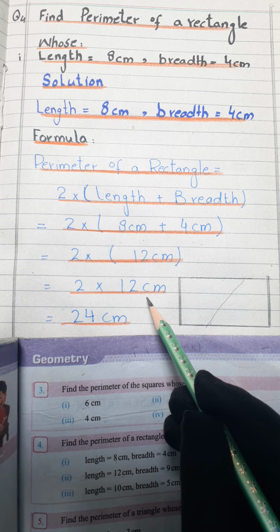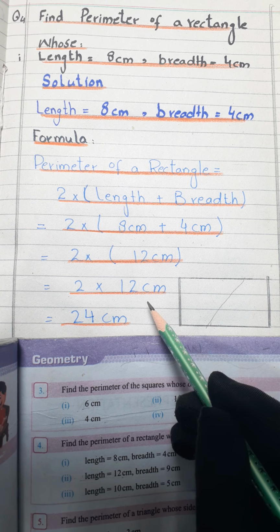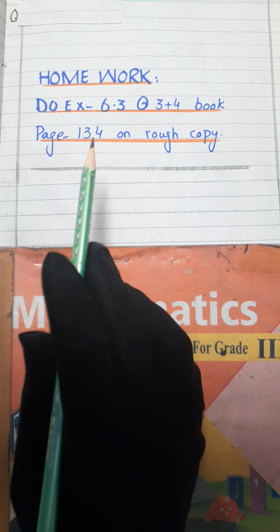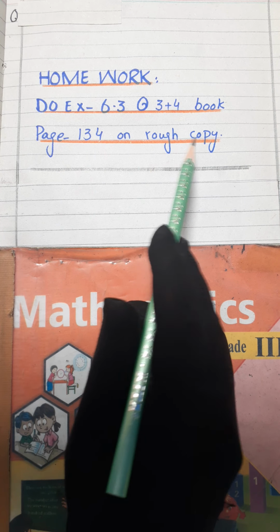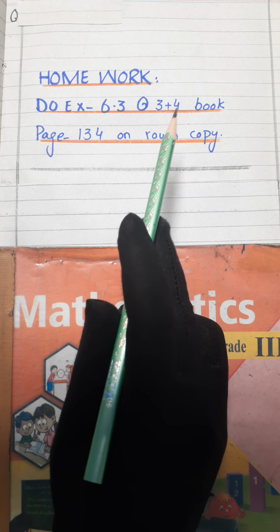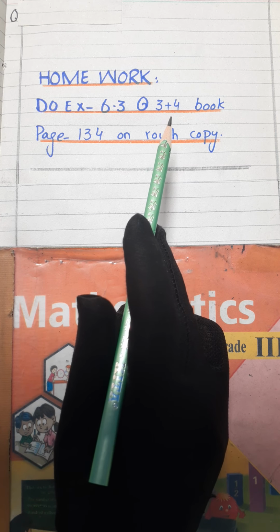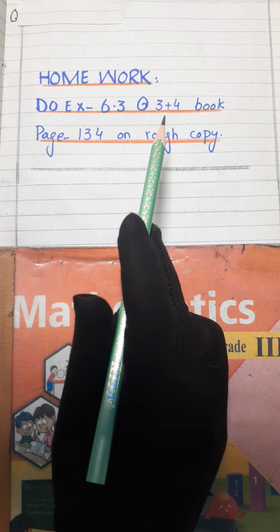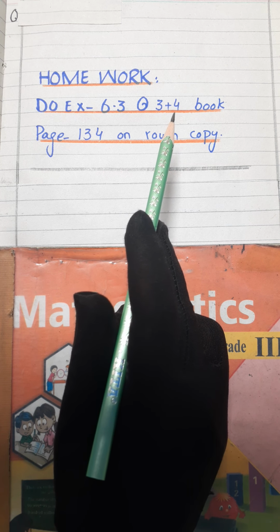Clear, students? Okay, move toward your homework. Do exercise 6.3 question 3 and 4, book page 134, on rough copy. We discussed one part of these two questions in detail. You solve all parts, 4 parts of question number 3 and 3 parts of question number 4, in your rough notebook.